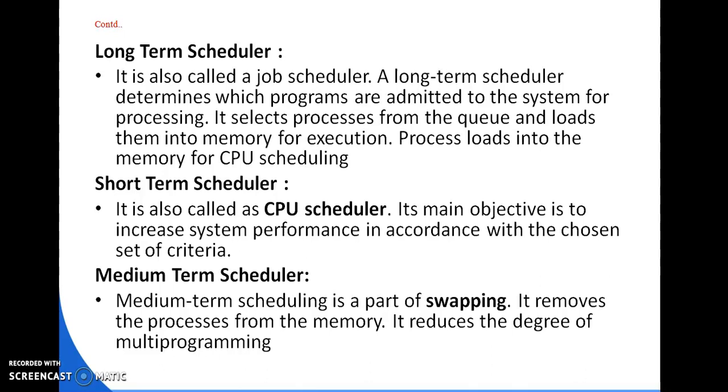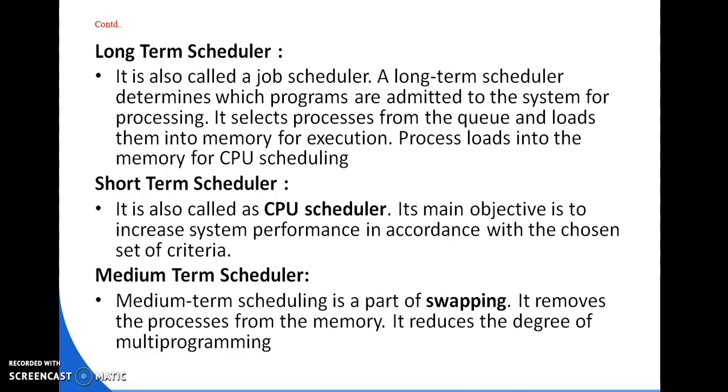Next, what about the short-term scheduler? It is also called the CPU scheduler. Its main objective is to increase system performance in accordance with the chosen set of criteria. It handles the change of a process from the ready state to the running state.